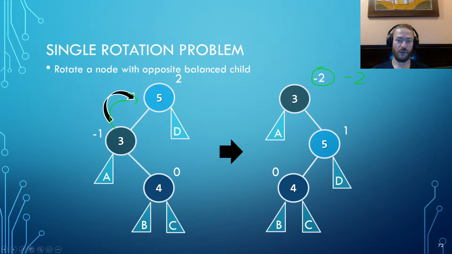Because when we move 3 here, move 5 here, and this one needs to change the connection because that's the rotation formula, we can see that it's still off balance, so we didn't solve the problem.